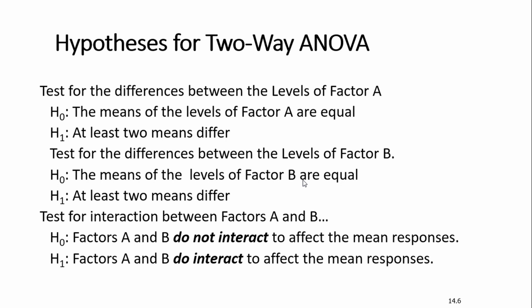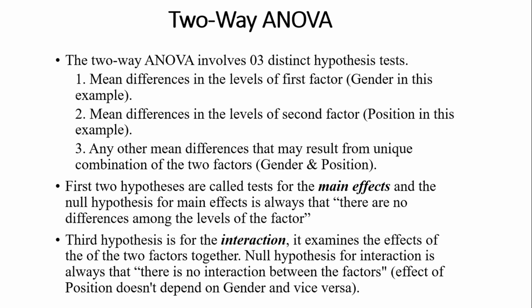For factor B, the null hypothesis is that the means of the levels of factor B are equal, and at least two means differ is the alternative hypothesis. For the test of interaction between factor A and factor B, H0 is that factors A and B do not interact to affect the mean responses, and H1 is that factors A and B do interact to affect the mean responses of the dependent variable.